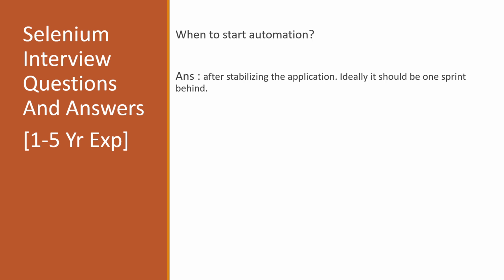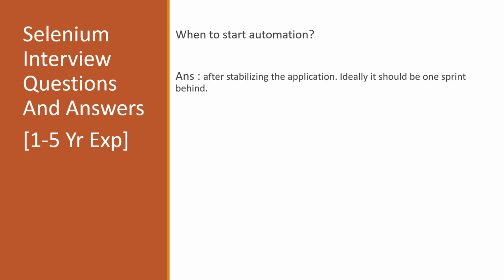So actually the ideal process is that automation should always be one sprint behind, because if the first sprint is not stable, then obviously from the second sprint we expect your build is stable and your application is also stable. So in that case we can start automating the test cases from sprint one. Okay, so the criterion would be: until or unless the product is stable, you should not start any automation.